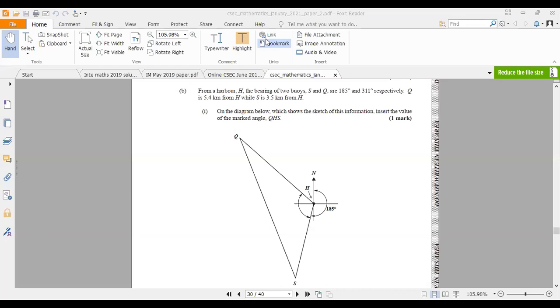On the diagram below, and so on. We have been asked to put in the information. So everybody draw it and put in the information. You are going to put in the angles for me, the 185, the 311, the 5.4, and the 3.5, at least for you to get 1 mark.